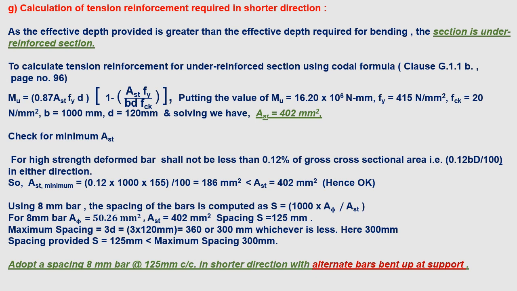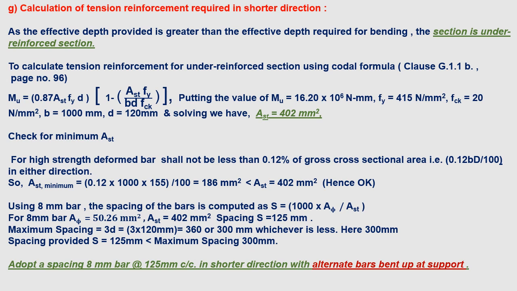Now we have to check whether this spacing is less than the maximum spacing allowed by the code. Now maximum spacing allowed is equal to 3d, which is equal to 3 into 120 millimeter equal to 360 millimeter, or 300 millimeter, whichever is less. Here the minimum value is 300 millimeter.